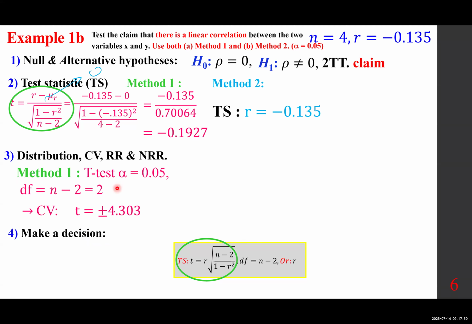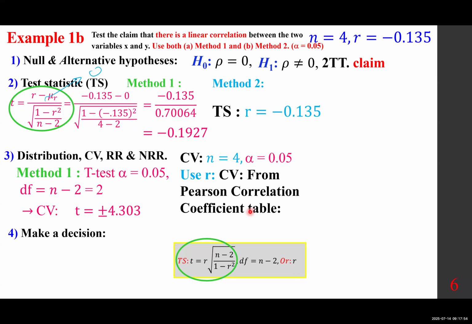The second method here, how do we get the critical value? N is 4, alpha is 0.05. We use R, critical value, from the Pearson correlation coefficient table. I will show you the table in a moment. From the table, we read those two values.